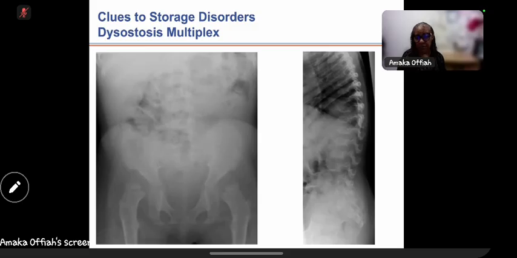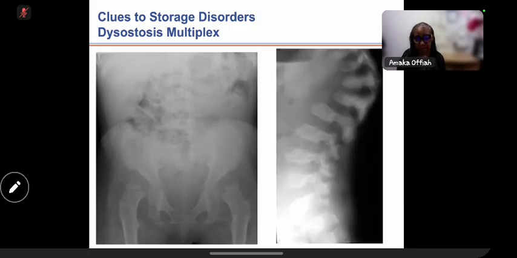Look for these: the platyspondyly, mild platyspondyly, with anterior hooks of the vertebral bodies, with posterior scalloping, and then sometimes with hypoplasia of a lower thoracic or upper lumbar vertebral body, as in this example, which may give the child a kyphosis at that level of a hypoplastic vertebral body.